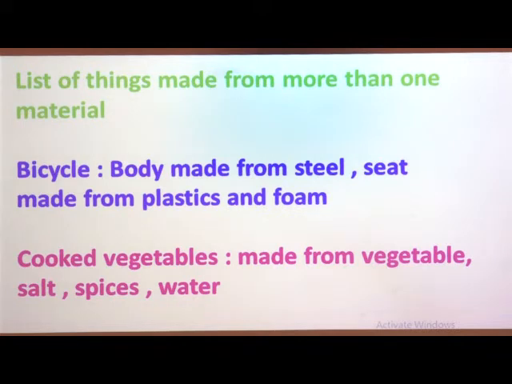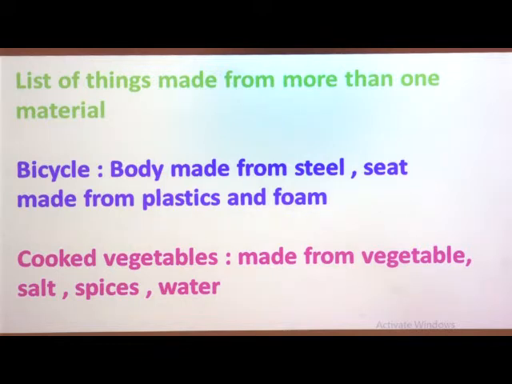List of the things made from more than one material. Students, we have seen that there are different types of things like metals, plastics, wood, glass and fiber. Now, we are going to sort out materials, looking at things made of more than one material.